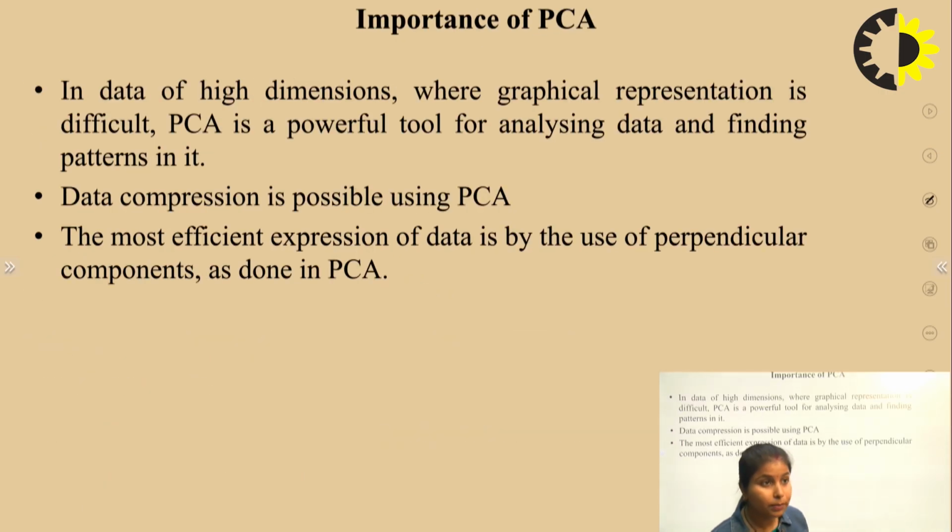Now the importance of PCA: compression is possible using PCA, and in high dimensional data where graphical representation is difficult, PCA is a powerful tool for analyzing the data and finding patterns in it. The most effective expression of data is by the use of perpendicular components as done in PCA.